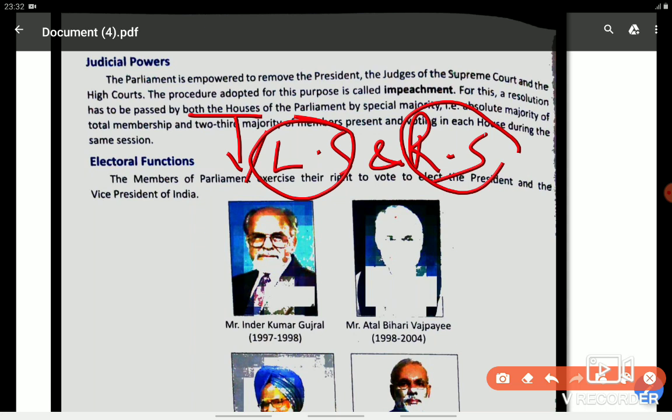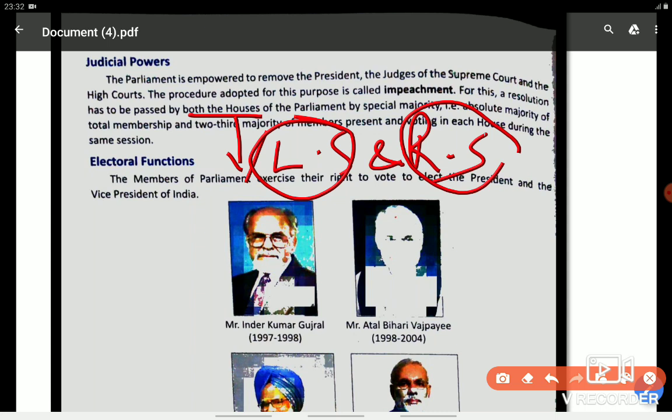I discussed that in special majority there are two cases: one is absolute majority of the total membership, and the second is 2/3 of the members present and voting in each house during the same session.